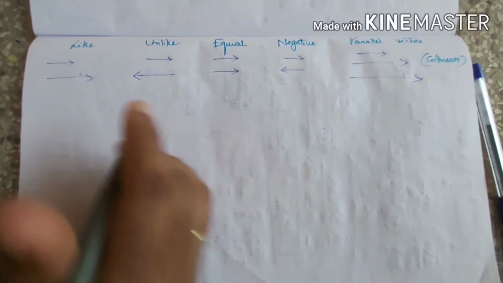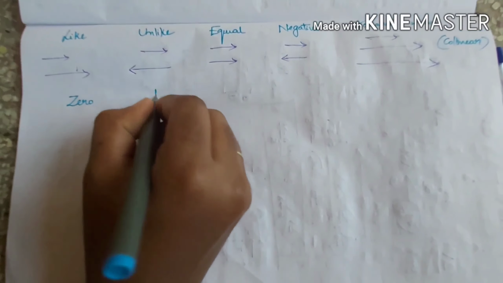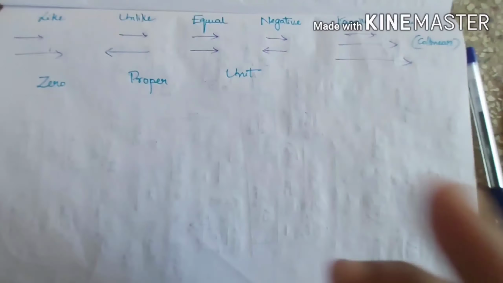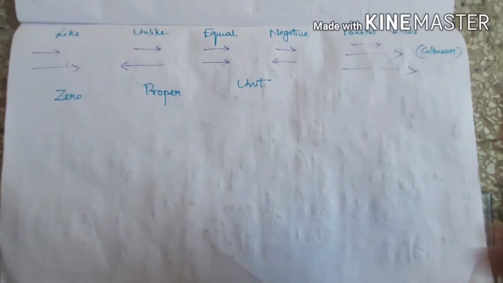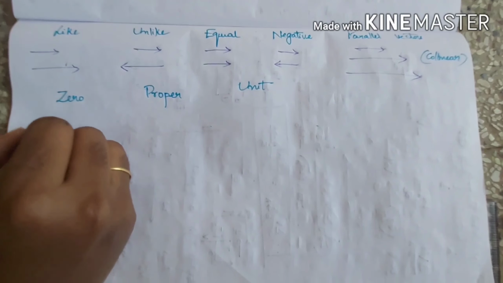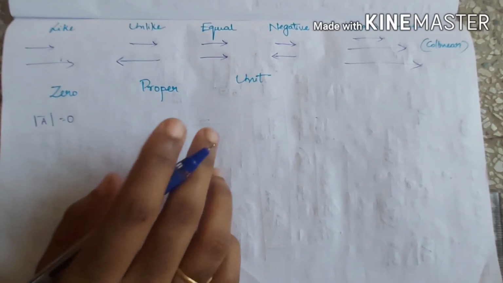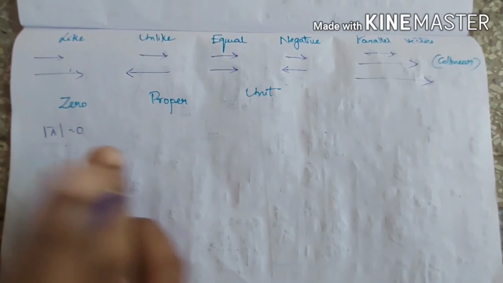Now we'll see only magnitude. So with respect to magnitude, you have 0, proper, unit. So these three are with respect to the magnitude. How will you write the 0 vector? Mod of A is 0. There is no magnitude for the vector. Then it is more like a point vector.